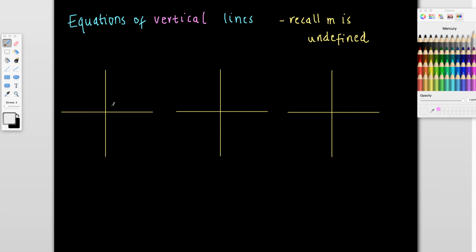So what are we left with, really, in terms of our equation? Just a note, I haven't drawn it on all of my axes here, but of course, these are all y, x, etc. Just say we had a vertical line going through 3, just here. I'll draw it in.